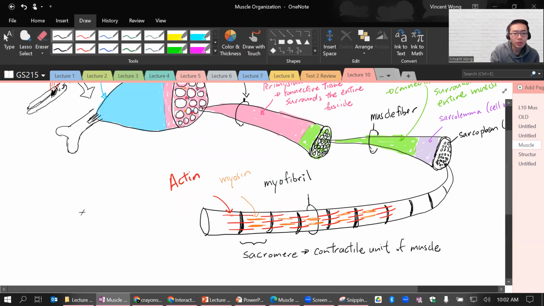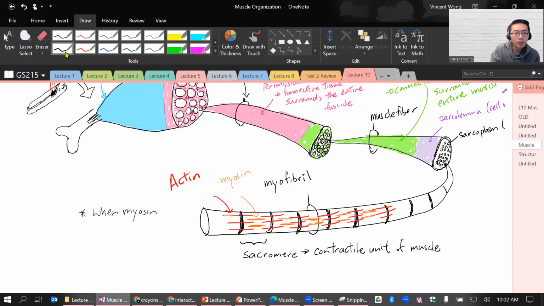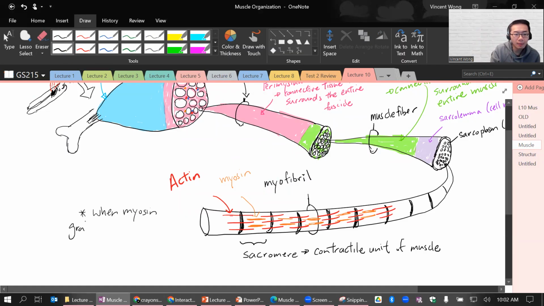Okay, so long story short, when myosin grabs onto actin and pulls, the sarcomere shortens.